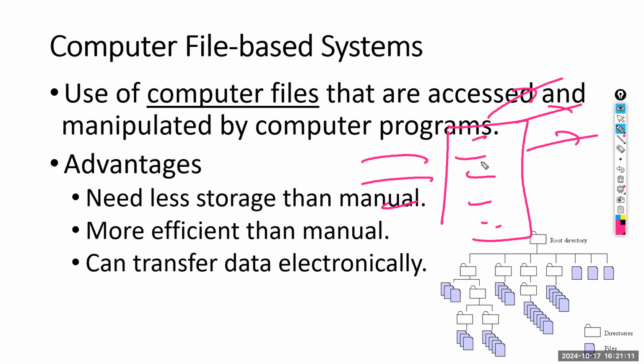So many advantages. It's more efficient, easy to transfer, efficient for processing, needs less storage, and needs less physical space. You can back it up. It won't naturally degrade like physical files. So it's a good move.